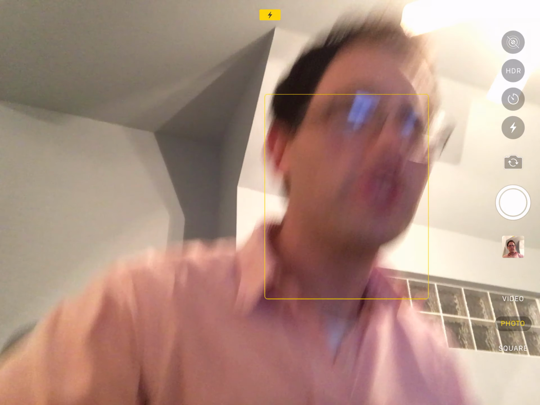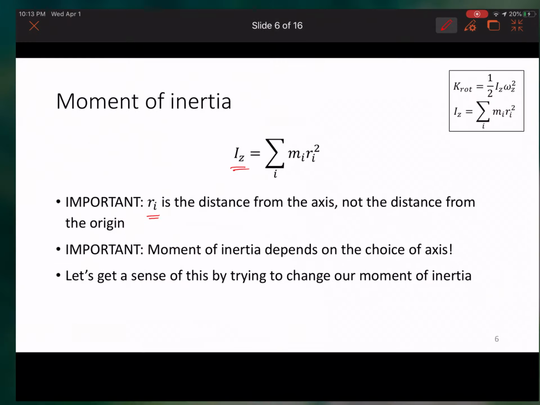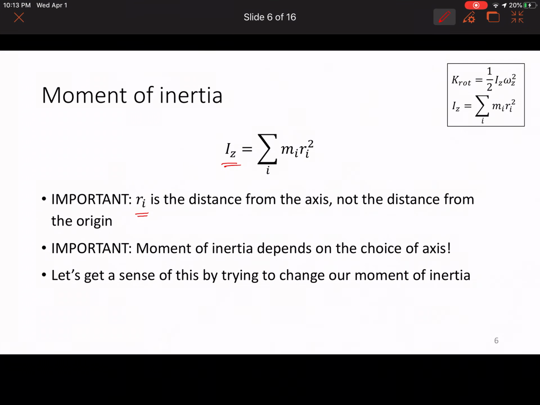All right, so what does that tell us? When I'm bringing those objects closer to me, what I'm doing is I'm changing their radius. I'm making their radius smaller. So what that tells us is that taking the exact same masses but bringing them to smaller radius is going to decrease my moment of inertia.